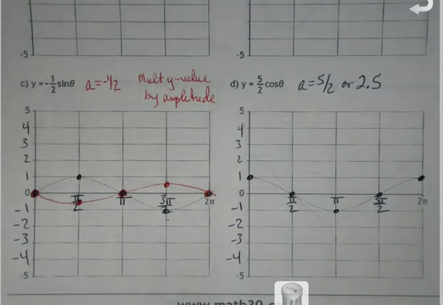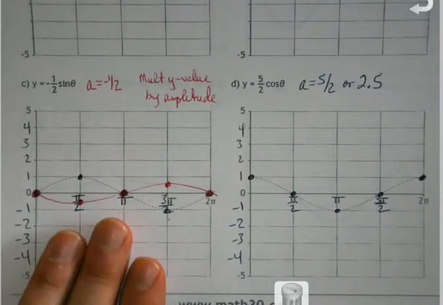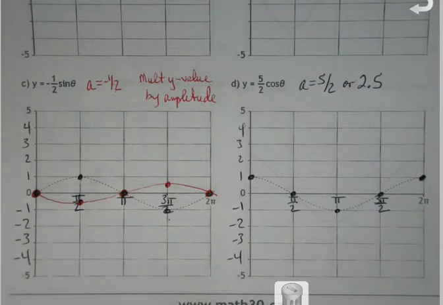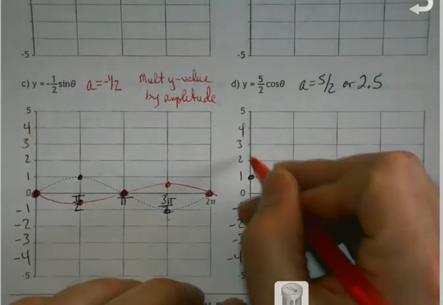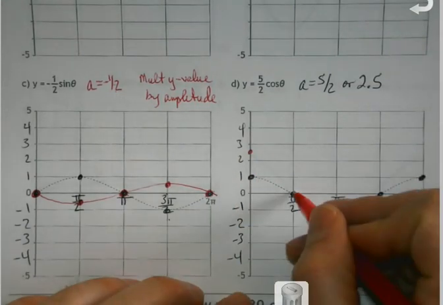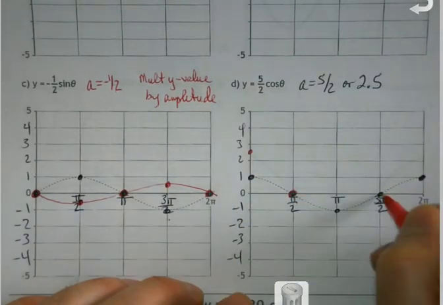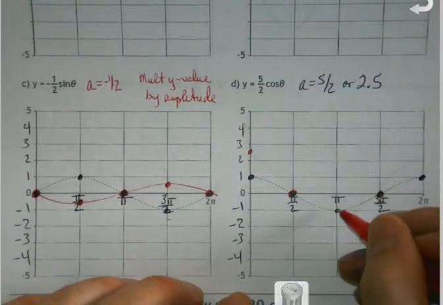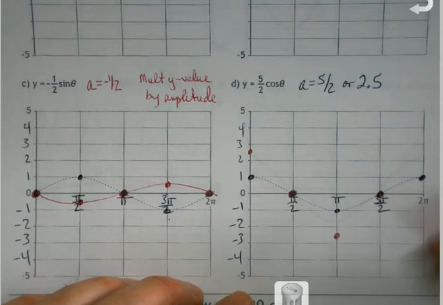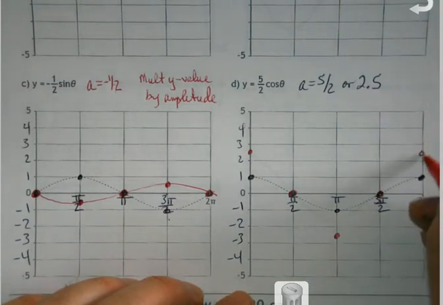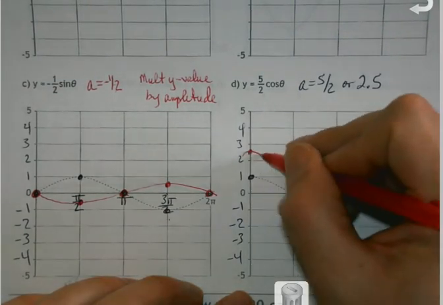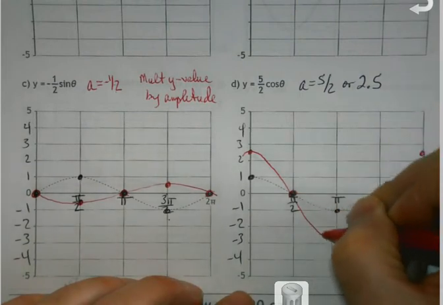So take that first example we did into consideration, and now take a moment and shift the points you need to over here and connect them, and I'll uncover this again in a minute, and we'll see if we're on the same page here as far as using our base graph.